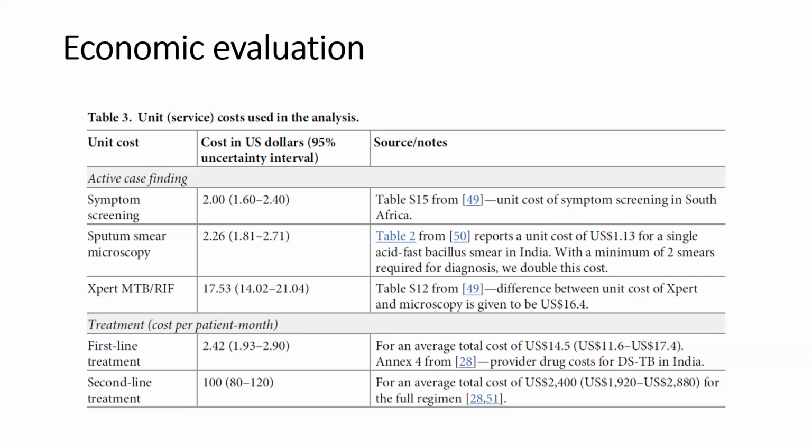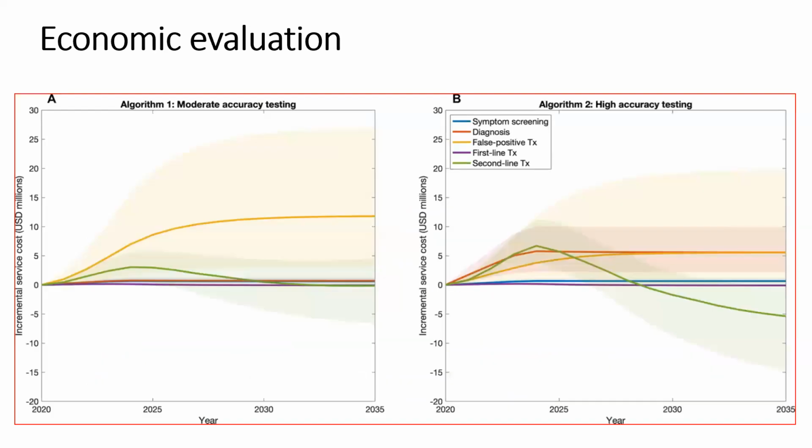For simplicity, they ignored the second-line regimen because it was unclear what proportion of patients would be eligible for different treatment options. I think in the supplementary material, they provided a sensitivity analysis with respect to the potential future uptake of the regimen. To capture uncertainty, they allowed a variation of plus or minus 20% for each cost component. So the economic evaluation was pretty long.